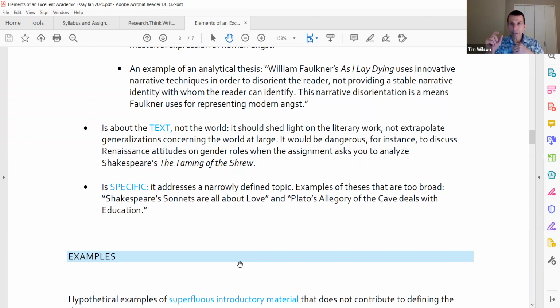And the scope is not defined. The scope of your inquiry is all of the sonnets. If you've got 4 pages, you should probably concentrate on one sonnet, okay? And then the other example: Plato's allegory of the cave deals with education. There are a couple of problems with that. It's too broad and it's obvious. At the beginning of the allegory, Plato says that this is an allegory of education.